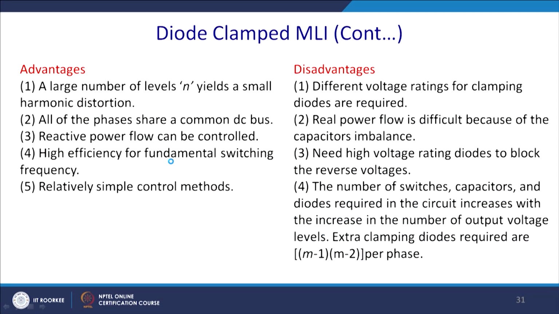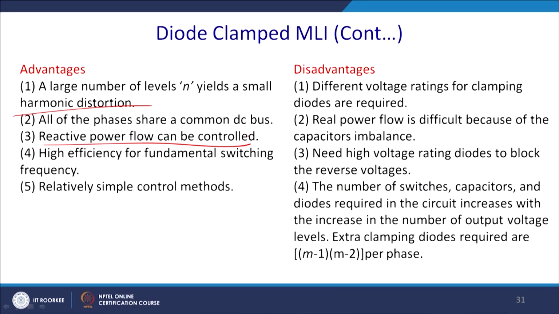Now, what are the advantages and disadvantages of the direct clamp multi-level inverter? A large number of levels can be yielded, and thus we have a lower THD, which is a general advantage of all the MLIs, not only this MLI.